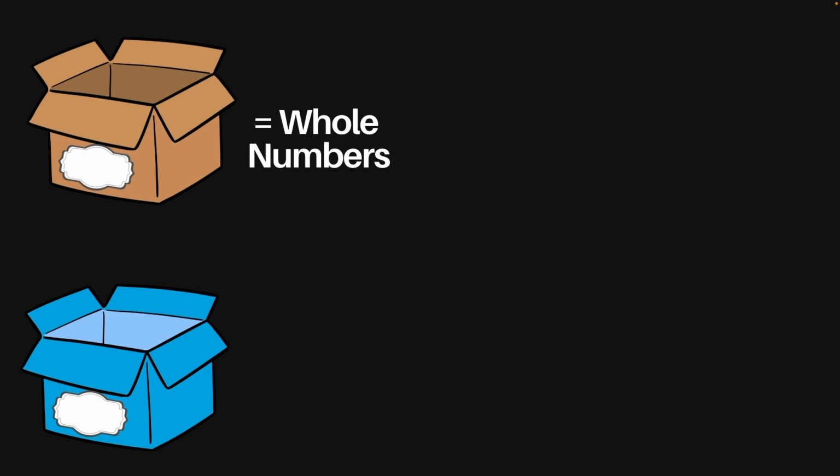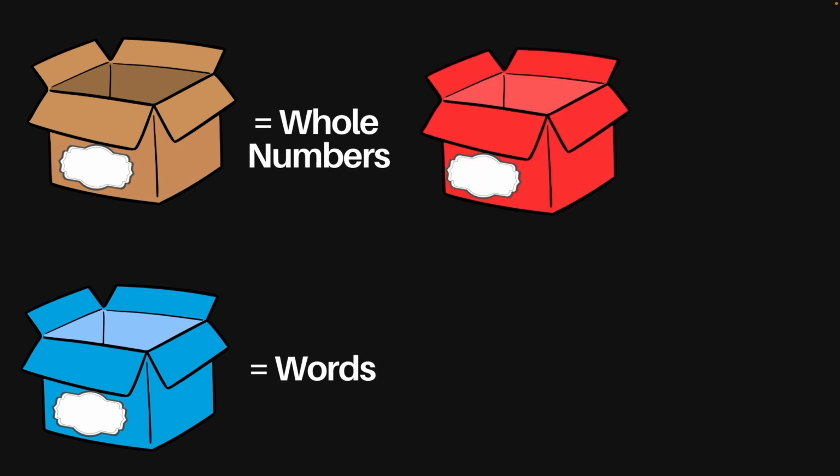So let's get organized. We already have a brown box. Let's create a rule while we're packing and saying that brown boxes can only store whole numbers. We see some blue boxes laying around, so we create another rule that says blue boxes can only hold phrases or words. And let's say we find a red box too, and create a rule that says red boxes can only store decimal values, so like 1.5.